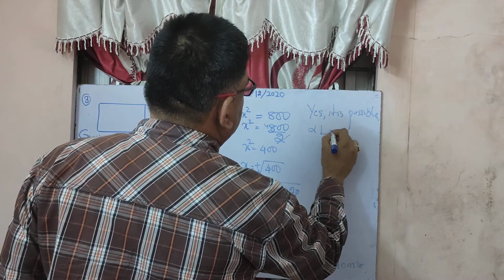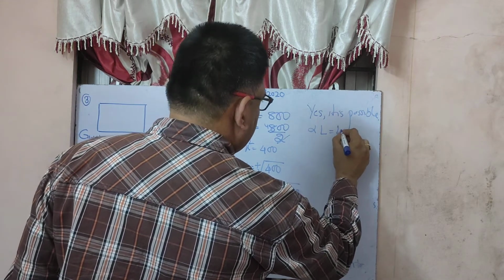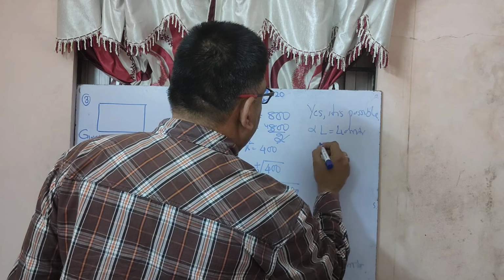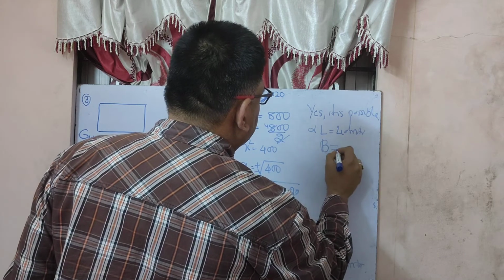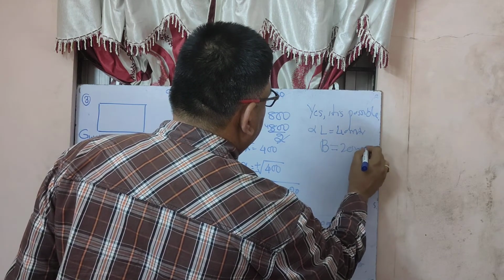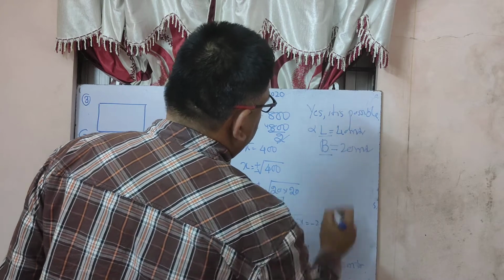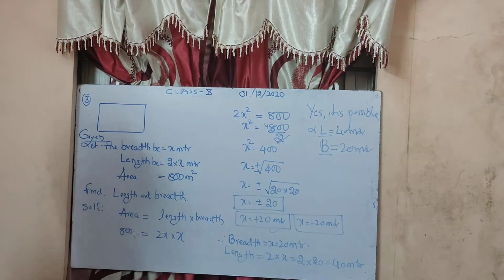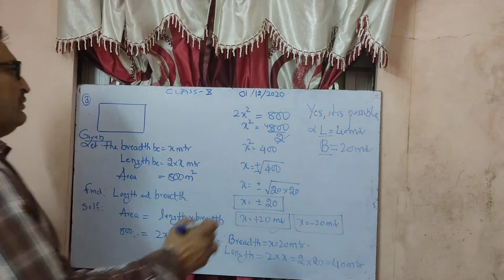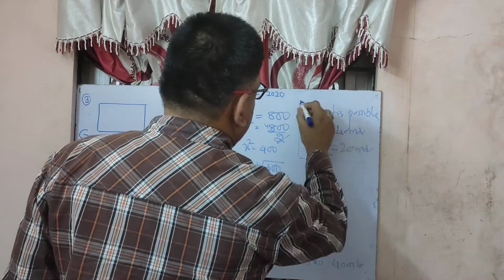And the length is 40 meters and the breadth is 20 meters. You have to write length and breadth. This is what in the end you have to write.